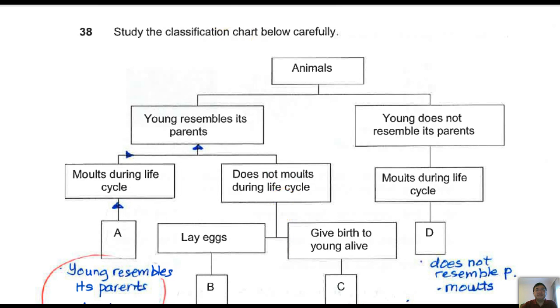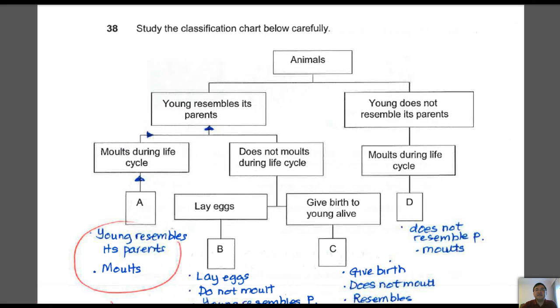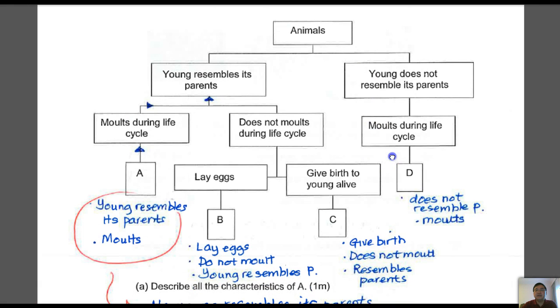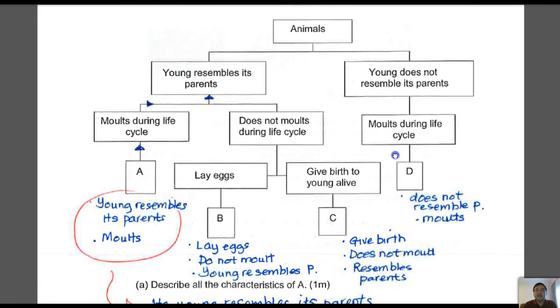Next, I'll just reduce the size of this to get more insight. Now we study the chart carefully. Under the main heading, anything below here, A, B, C, D, must be animals. You've got to be clear. The main heading is resembles the parents, and over this side horizontally the opposite: does not resemble the parents.